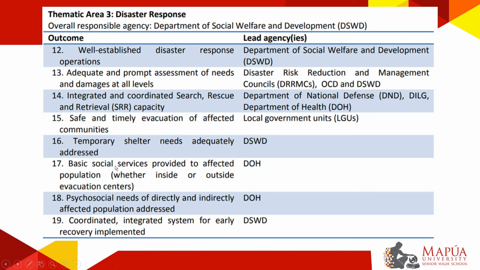For the basic social services needed, the DOH is the lead agency. For the psychosocial needs of the affected population, the DOH is also the lead agency. For the coordinated and integrated system for early recovery implementation, the DSWD is the one who leads these.